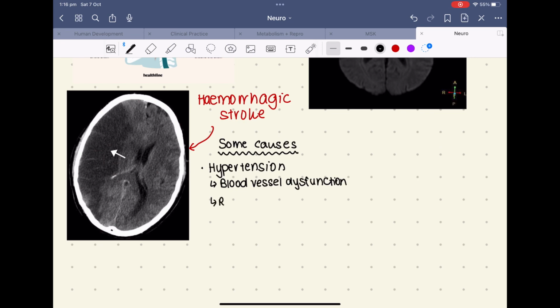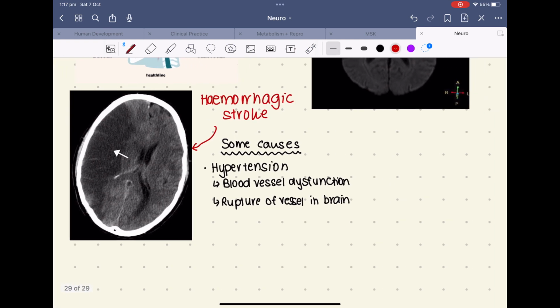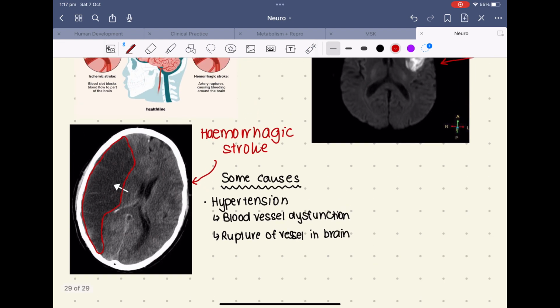So I'll just give you a minute to process all of that and to think about what the effect on the Monro-Kellie doctrine might be when you have an increase in the amount of blood in the skull. Now have a look at the scan. You can see that I'm circling the area of hemorrhage, and we'll talk about imaging at another time.